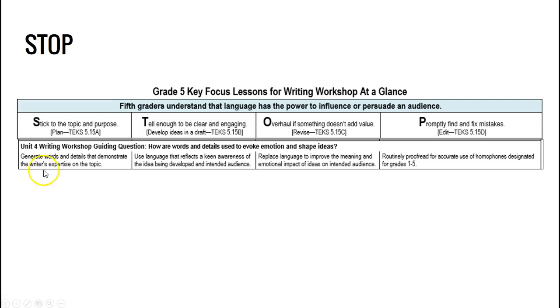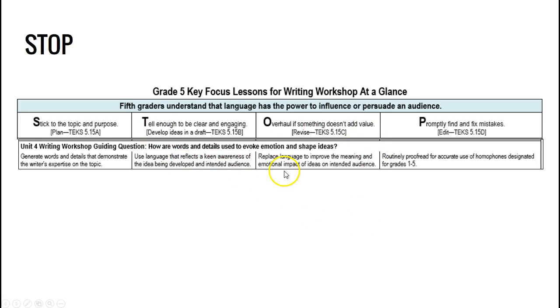We want to make sure that they're generating words and details that demonstrate the writer's expertise on the topic, because you're writing about social studies and science. What is it that you learned? What quote did you find? What fact did you find? Use language that reflects a keen awareness of the idea and the intended audience.